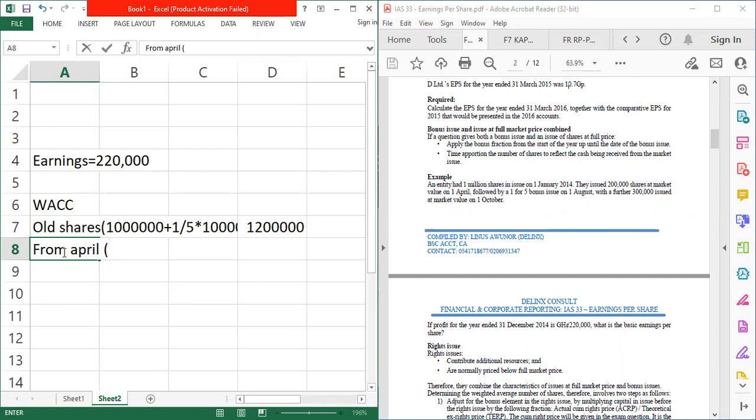That will give us 40,000. So the total number of shares will be what? 240,000. But these shares have done how many months? 10 months. Is it 10 or 9? 9 months. So we multiply by 9. The bonus issue is going to take only 9 months. Are we okay? And what will be the shares?